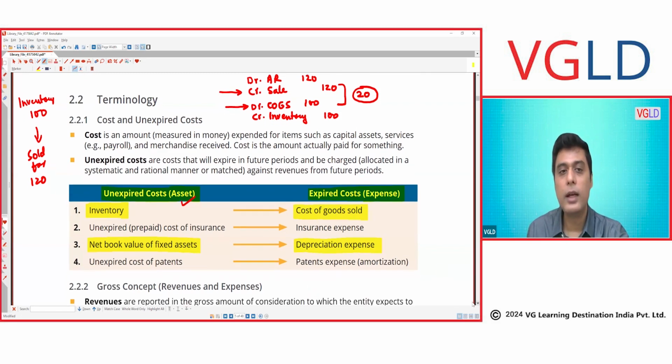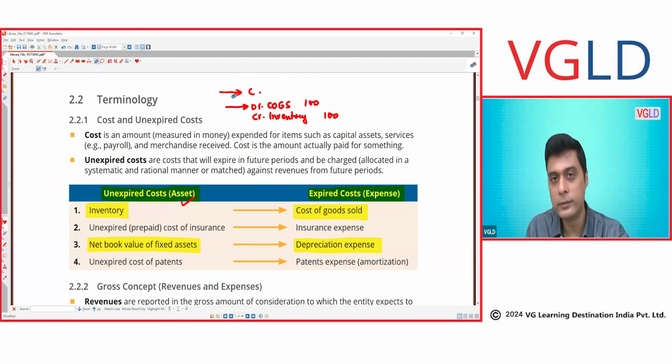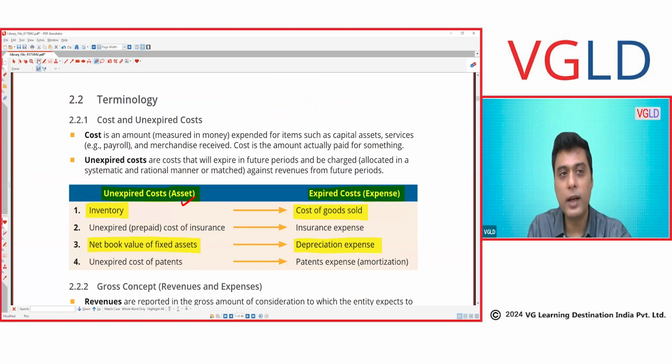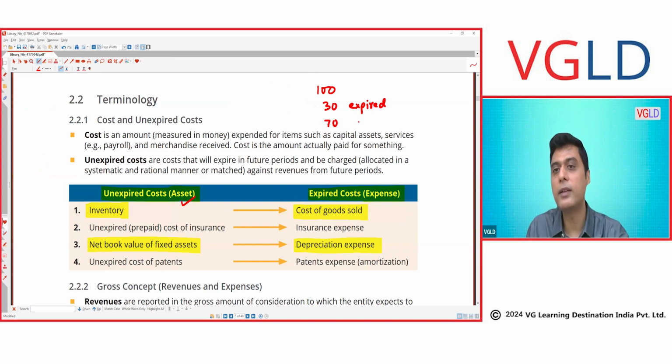Okay, this may sound very harsh, the example that I'm going to give. Excuse me. It may sound very harsh, but suppose somebody has a 100-year life and has already lived 30 years of their life, that means 30 years have expired. The unexpired life is 70.